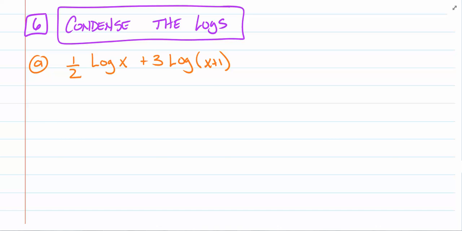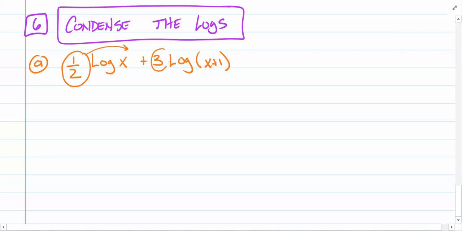So a couple of questions I have for you: this 1/2, where did it come from? Square root. It came from the exponent on the x. This 3, where did it come from? The exponent on that. And I am adding the two things together, so that means I'm going to use the product rule. Good.